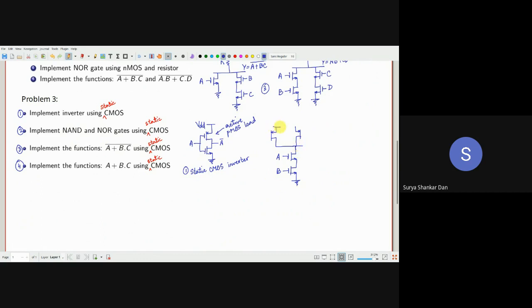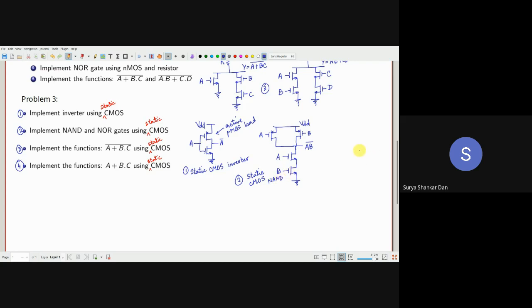Okay. This is your VDD. This is your P. This is your A. This is then AB whole bar. So this is a NAND gate. So this is number 2, static CMOS NAND. Okay.